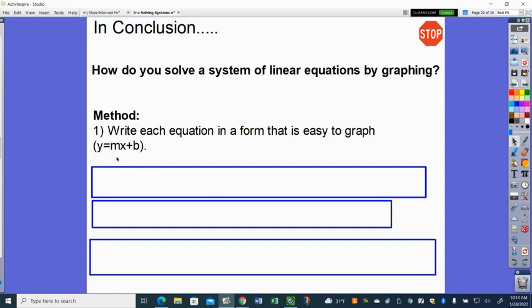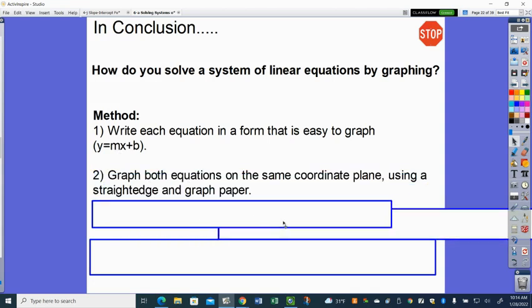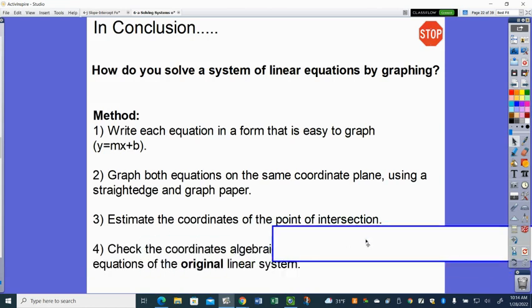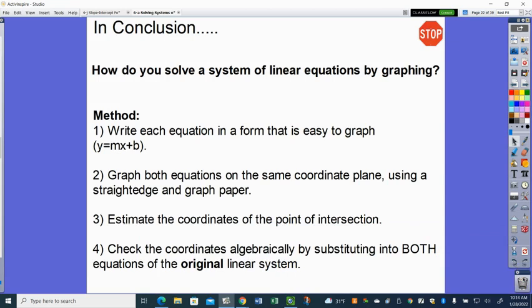Once you have them in that easy form to graph, you graph both lines on the same piece of graph paper using a straight edge or a ruler. And then you ask yourself, where do they meet? Now I say estimate because until you check it, you're not sure if it's right. So then you take your coordinates, you put it in both of your equations, and sure enough, you'll see whether it works or not. And that's how we solve a system of equations.